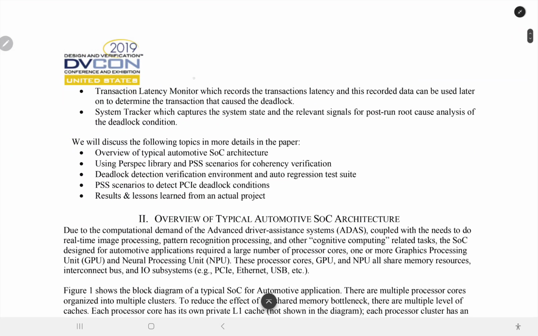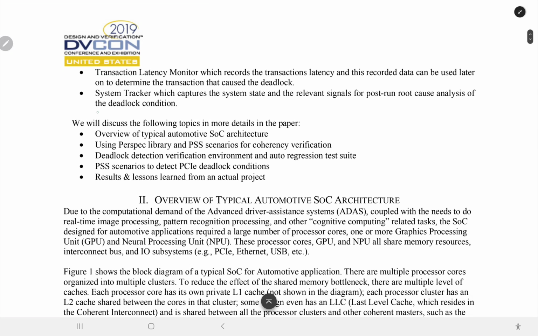The transaction latency monitor records transaction latency, and this recorded data can be used later to determine which transaction caused the deadlock. The system tracker captures the system state and the relevant signals for post-run root cause analysis of the deadlock condition.